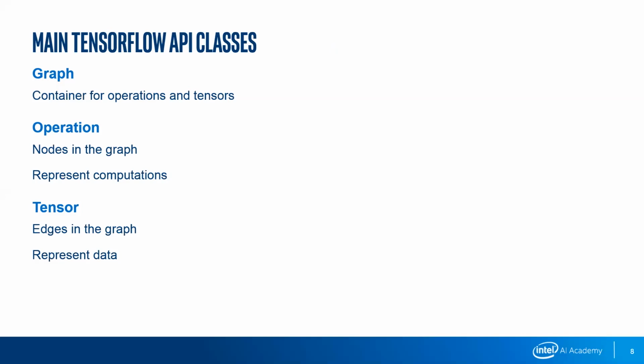Think of it like a graph: you have a vertex or a node, and you have edges that are either coming into the node or exiting from the node. The operations that TensorFlow defines are nodes in the graph, and they indicate computation. If you're doing, say, a matrix multiplication or a convolution, that would be defined as one node in this graph.